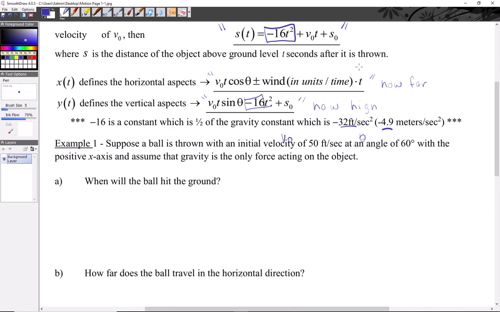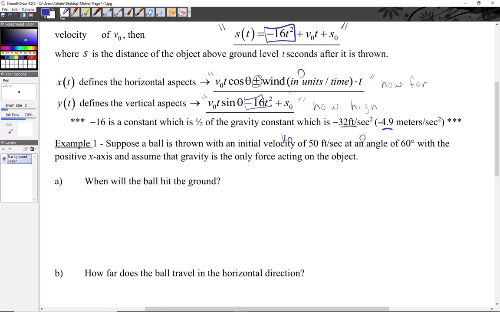First of all, if there is nothing acting on an object, then there will be no wind. So you'll note here in the horizontal aspect, it's your initial velocity times time times cosine theta, but then plus or minus the wind. In this case, if gravity is the only force acting on the object, then the quantity after that plus or minus that represents the wind would be 0.